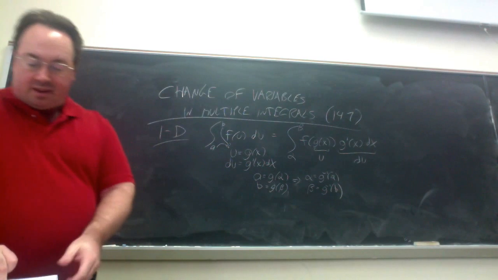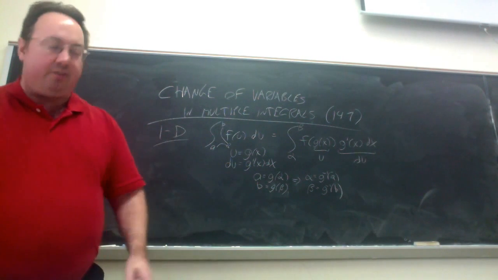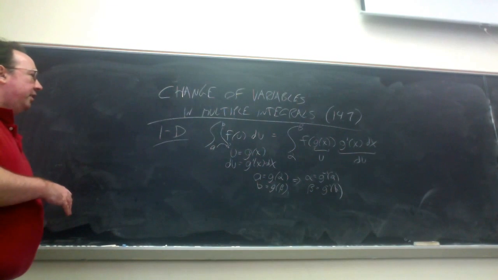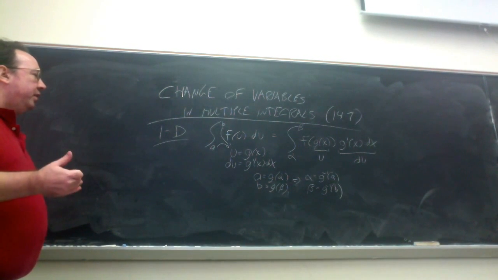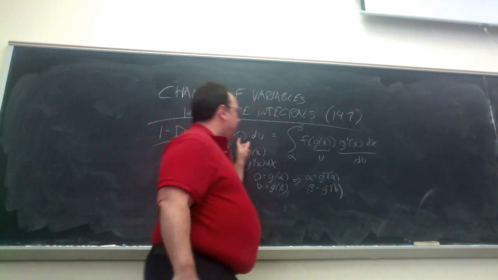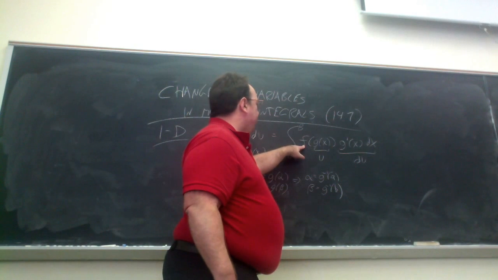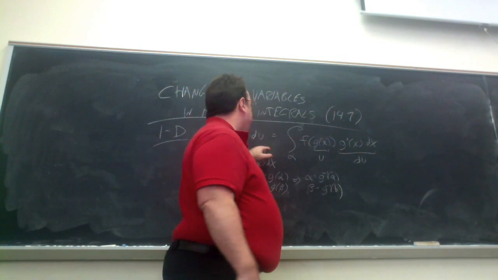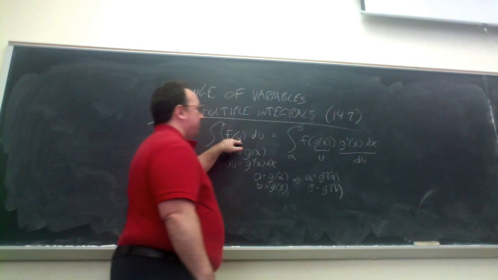Now, what I really want to focus on in terms of how we convert integrals from one set of independent variables to another is, you see this part is fairly straightforward: you have your f of u and you just apply your substitution to what you plug into the function.